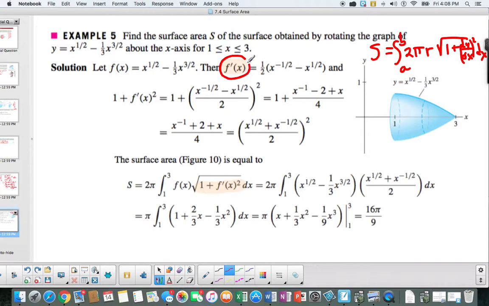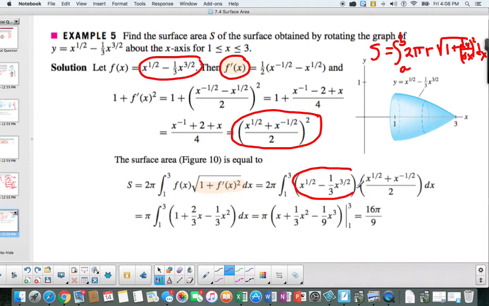Here we find the derivative, and then we have to find this expression 1 plus the derivative squared, which we get right here, and that belongs inside this square root. So 2 pi f of x times the square root of this quantity. Our f of x is here. And when I put this quantity in here, the square and the square root cancel each other out. Multiplying everything out, we get this, and we will be able to get a surface area answer.